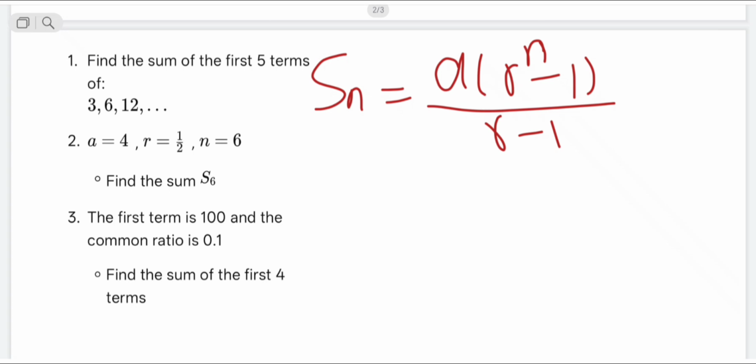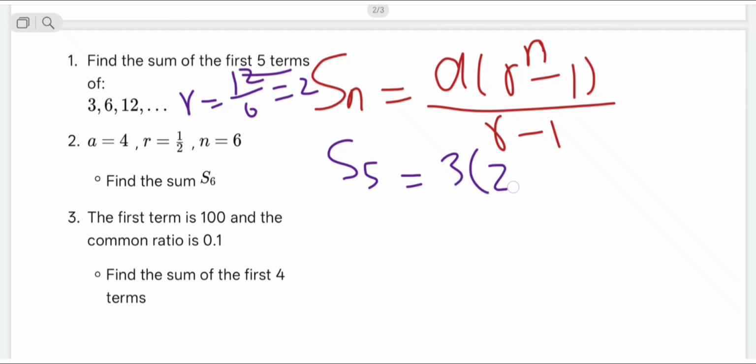Okay, so look at the first question. The first 5 terms means n is 5, a is 3, and r, what is r? 12 divided by 6, which is equal to 2. So I will replace: n is 5, a is 3, r is 2, power 5 minus 1 over, what is r, 2 minus 1.